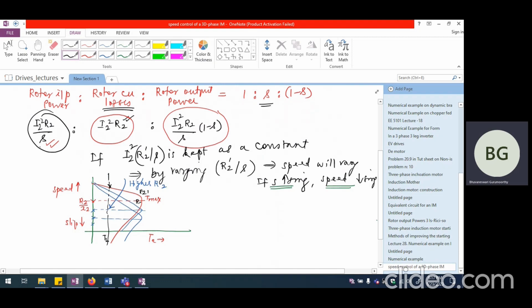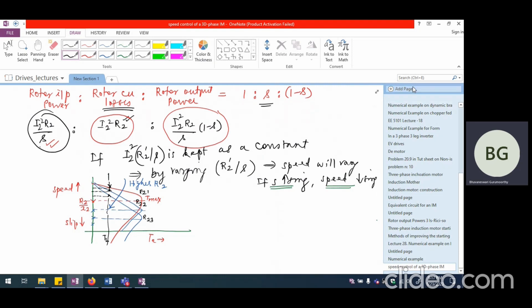But for R2,2 rotor resistance, I'm going to have a little reduced speed. And for R2,3 rotor resistance, I will have further reduced speed. So I'm going to have different values of speed achieved when I vary the rotor resistance in a wound rotor induction motor.